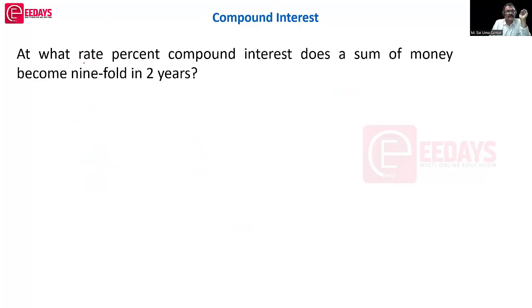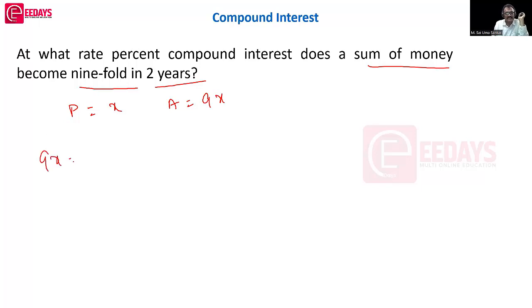Next, at what rate percent compound interest does a sum of money become 9-fold in 2 years? ఇక్కడ చూడండి, sum of money becomes 9-fold. So principal is equal to x. What is the total amount? That is equal to 9x or not? That is equal to 9x.